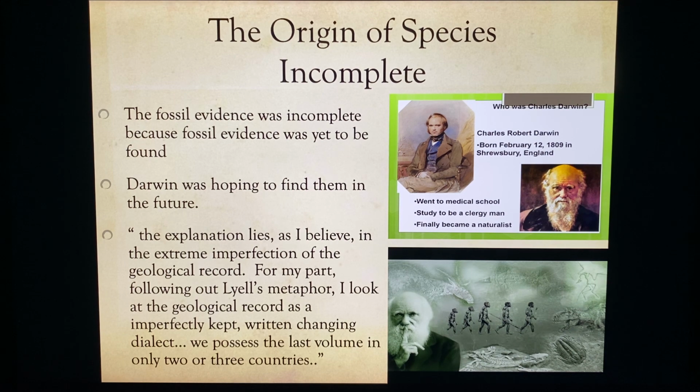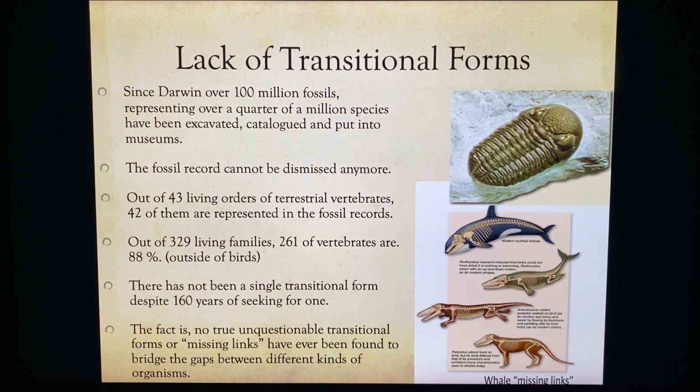So basically Darwin is saying he's looking forward to finding more. He had only gone to a few countries, so he thought, possibly we'll find some fossils of missing links in the countries I haven't gone to. Here's a picture of some of the so-called missing links in Darwin. The lack of transitional forms.